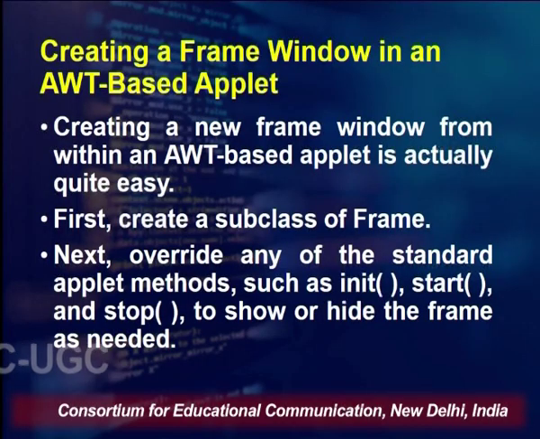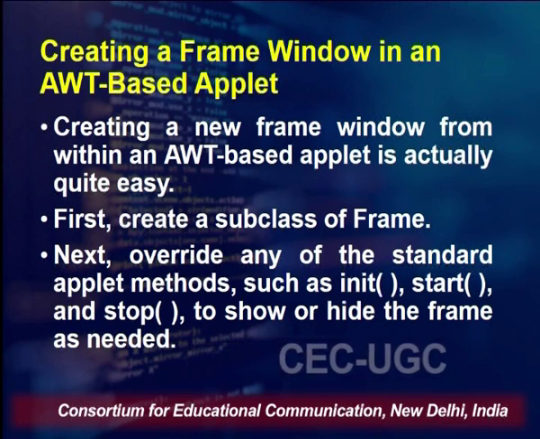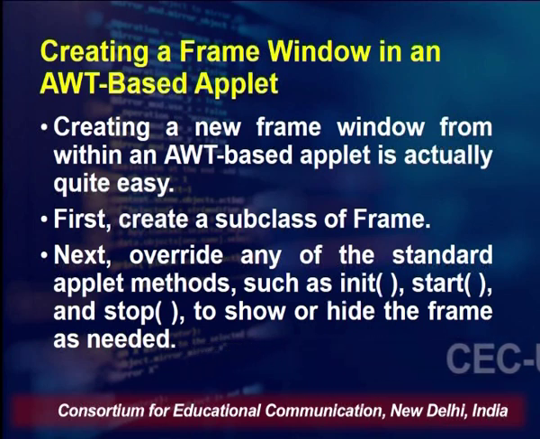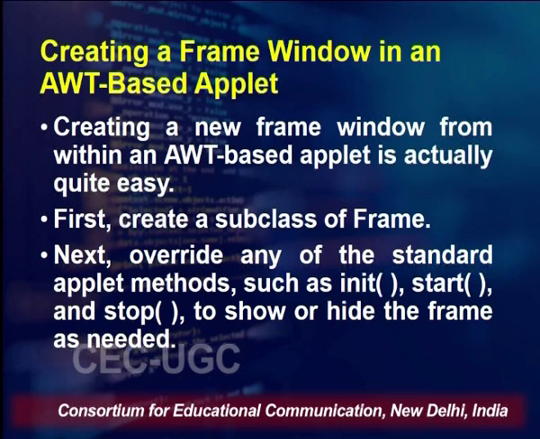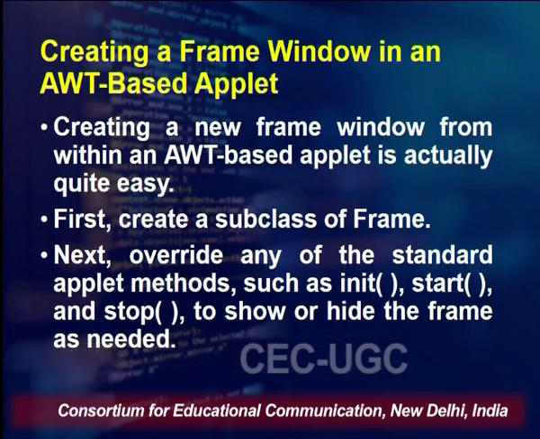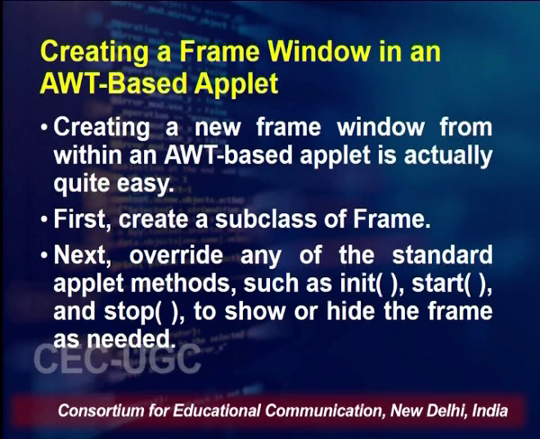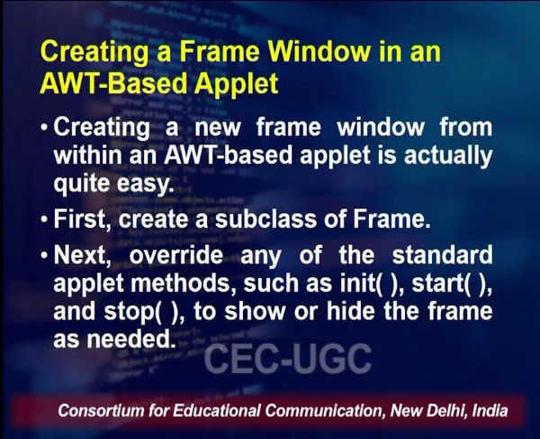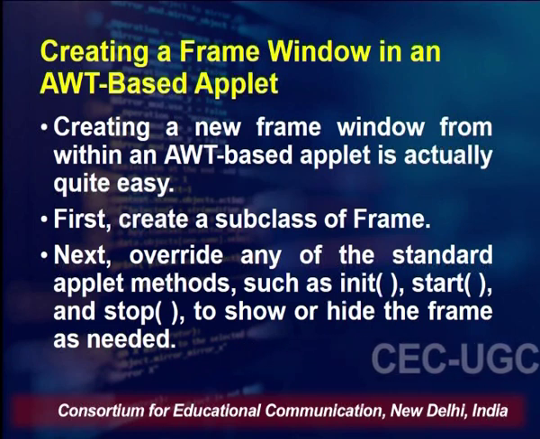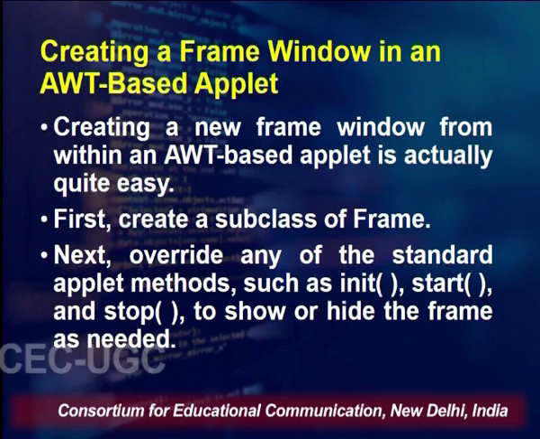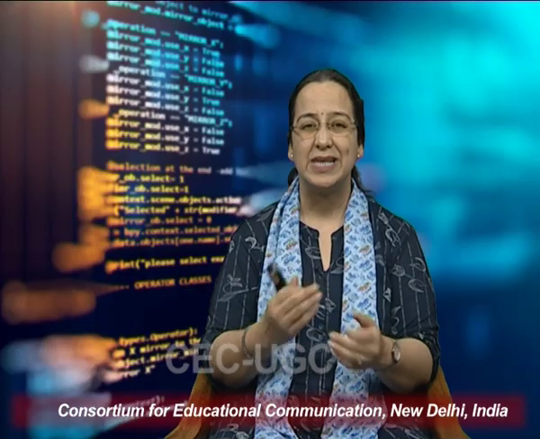So in order to create a new frame window within an AWT based applet, we need to create a subclass of Frame, and then at the next step we will be overriding any of the standard applet methods. Now what standard applet methods am I talking about? These standard applet methods are init, start, then we have paint, and then stop and destroy, and that we have seen in our applet life cycle.